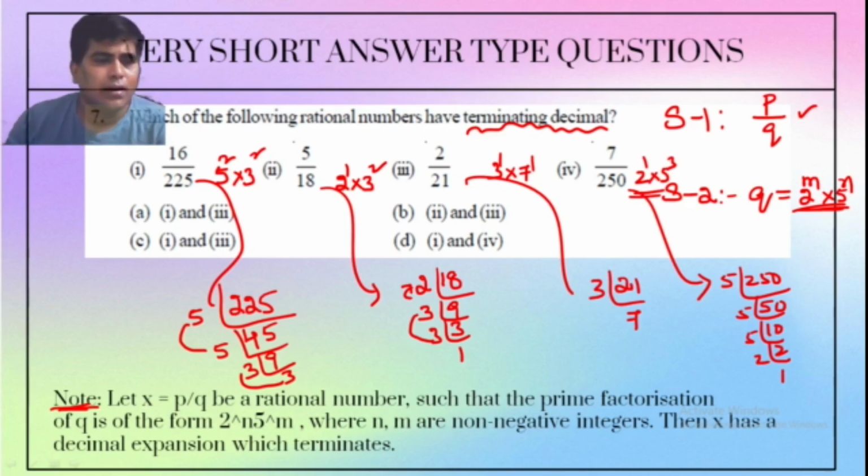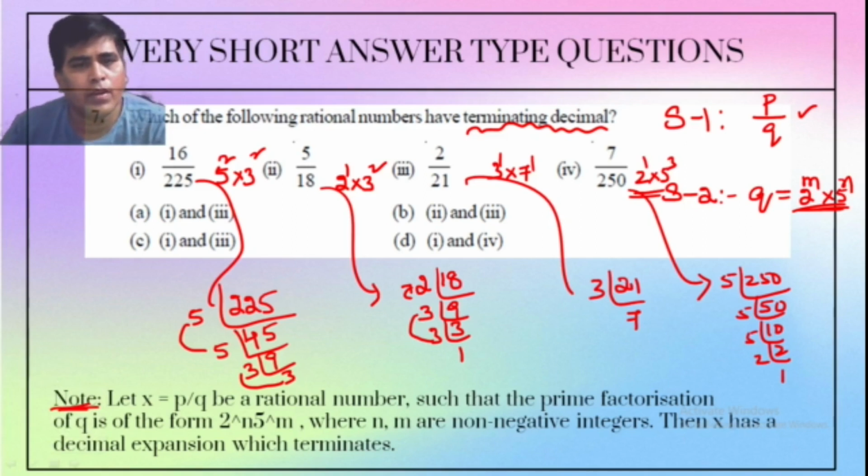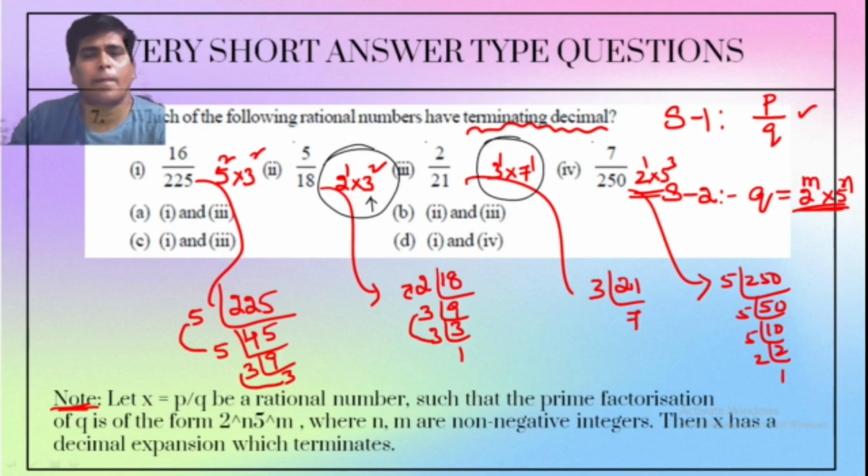So here clearly we can discard these two numbers. The second one we can discard, this is not in the form of 2 power m into 5 power n. It should have 2 and 5 only, but we got other than 2 and 5, we got 3 here. And we can discard this one also.